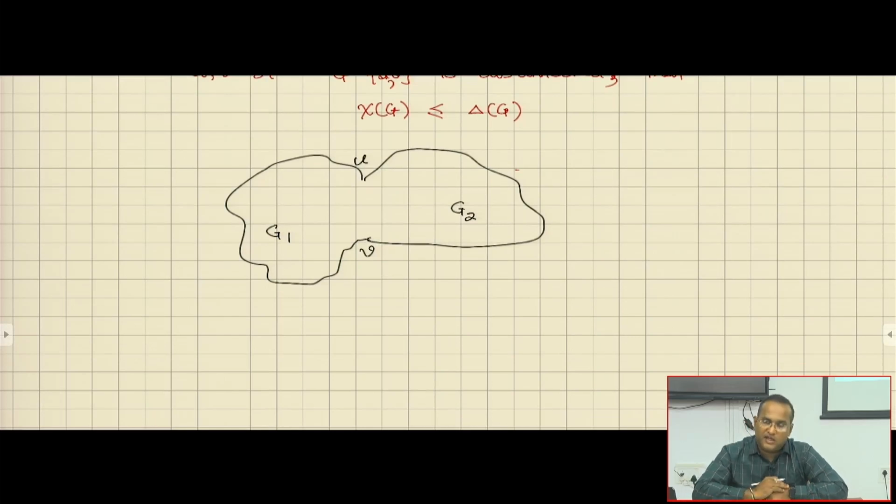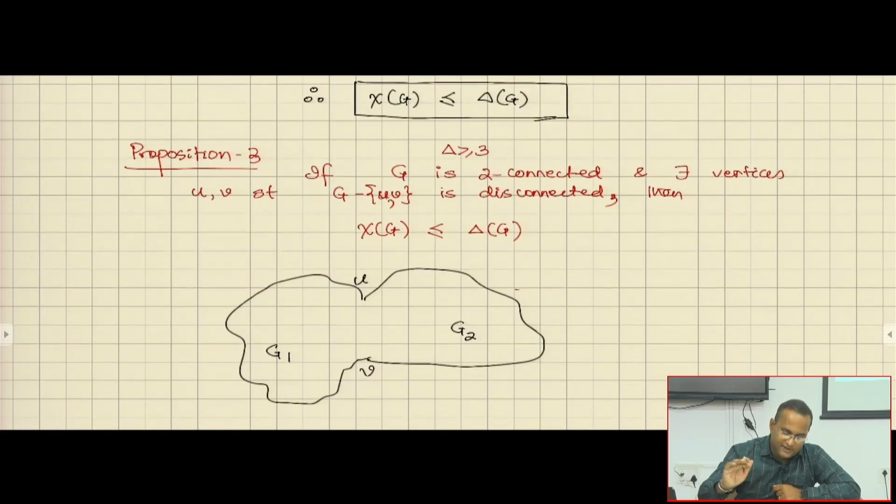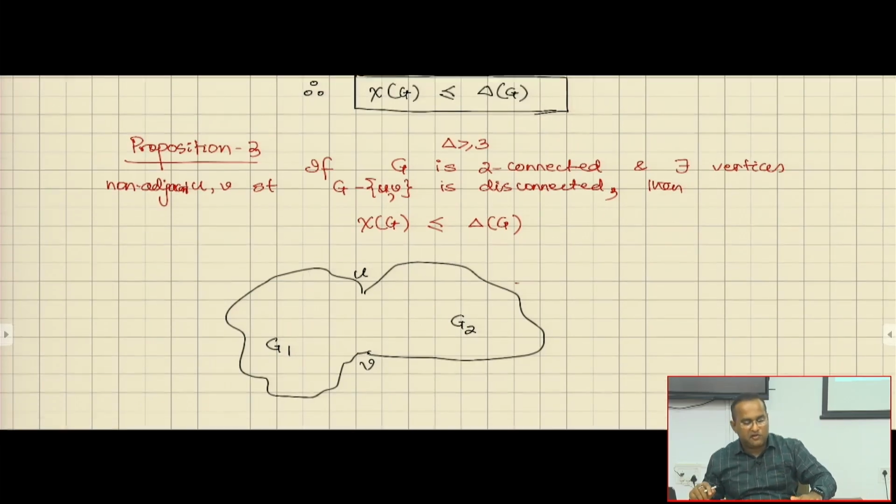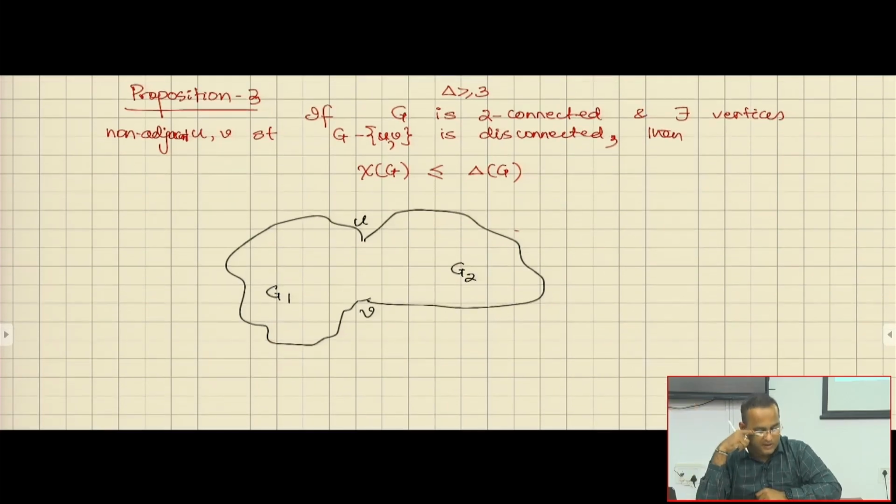Suppose U and V are adjacent, then what will happen? Let us restrict to non-adjacent U and V such that G minus U and V is disconnected. Then can we say that chi of G is at most delta of G?